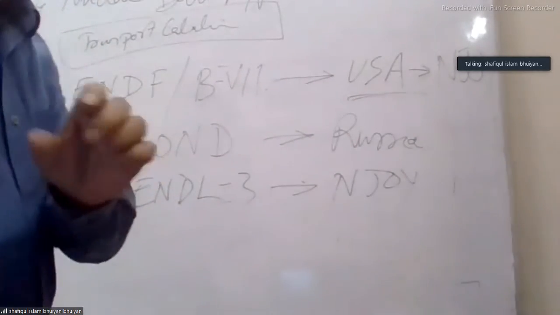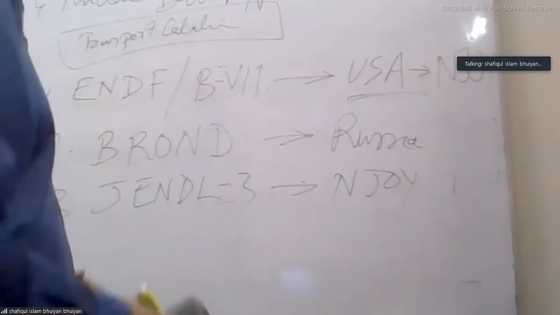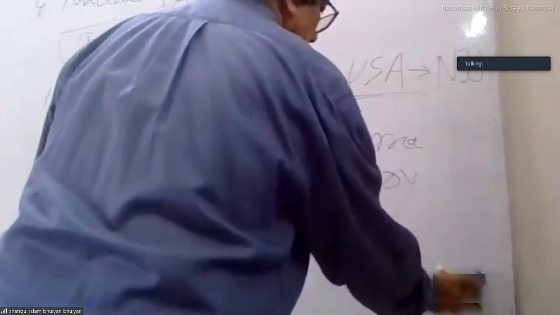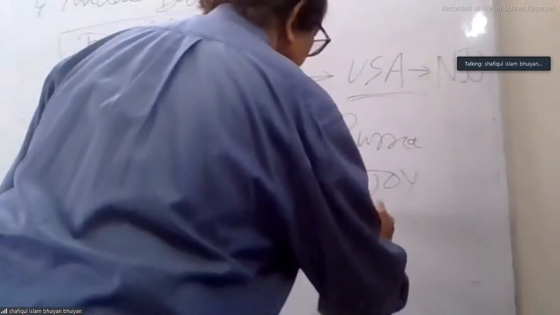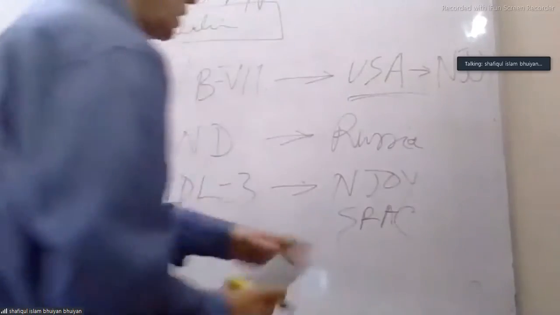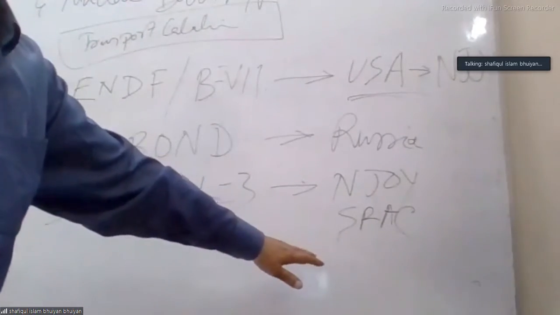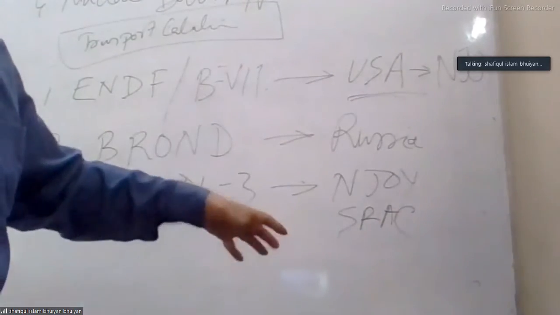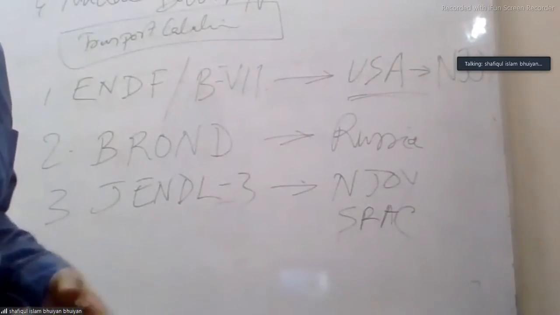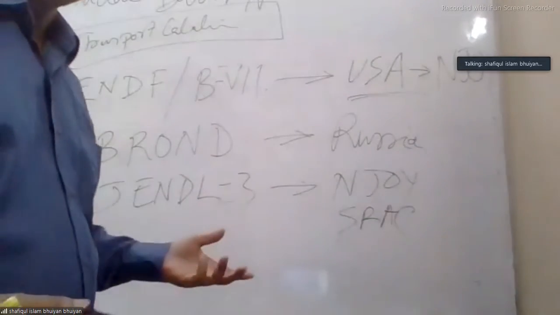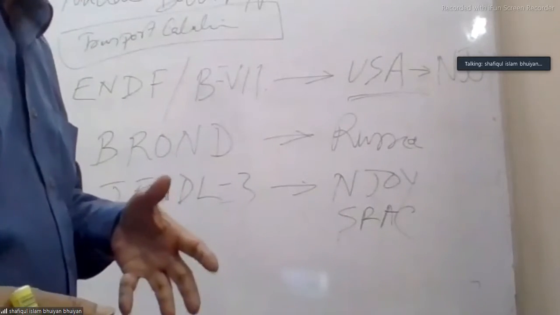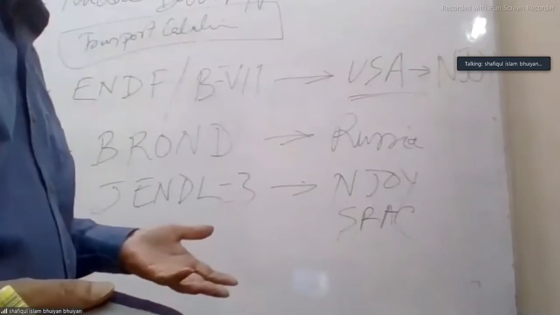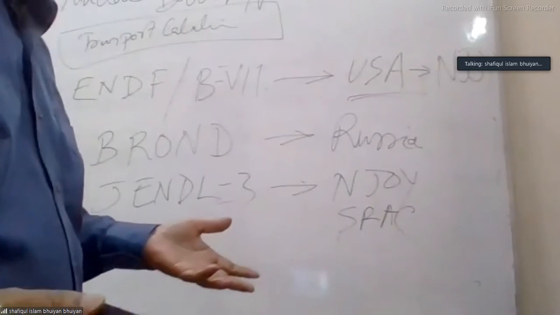I was associated with one of the computer code developments, NJOY, and they also have SRAC, S-R-A-C. That computer code processes the nuclear data, and it also does the transport calculation. They put it together, but it's a diffusion calculation in 2 dimensions. We will talk about the transport calculations, and this is something like 2-dimensional discrete ordinate codes called TWOTRAN.